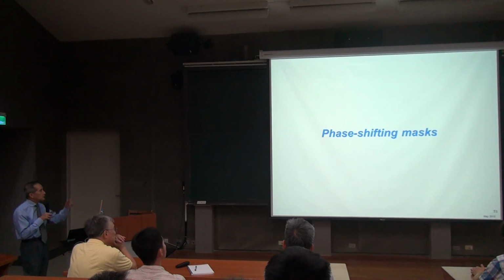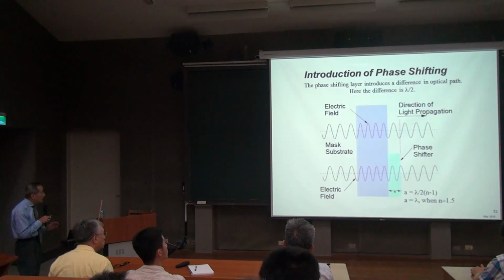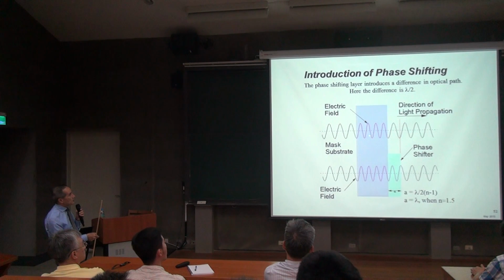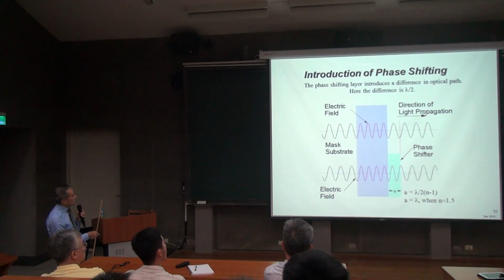Okay, let's talk about phase shifting mask. The way to create a phase shifting mask is that normally you have this. Wavelengths get shortened in the quartz, and it comes out.